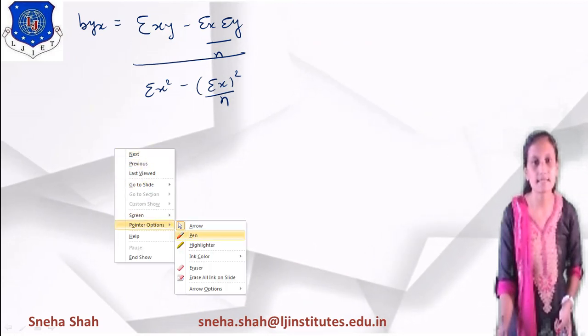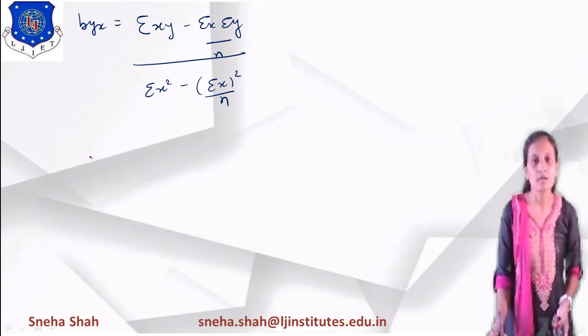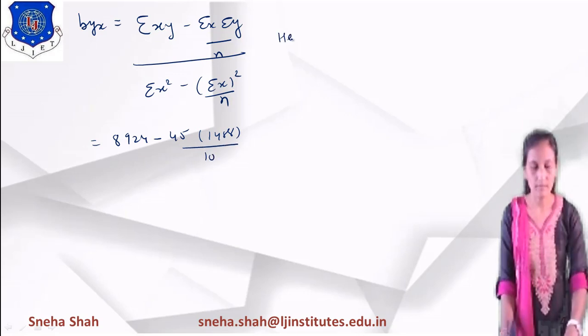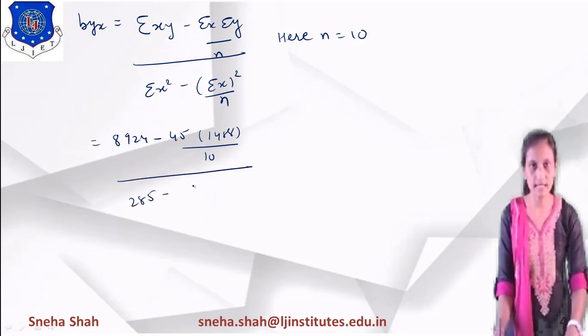So what will be the next step? Summation xy equals 8924 minus summation x means 45, summation y means 1488, number of samples are 10. Here we are writing the value of n equals 10, right? Divide by summation x square. What is the value of summation x square?